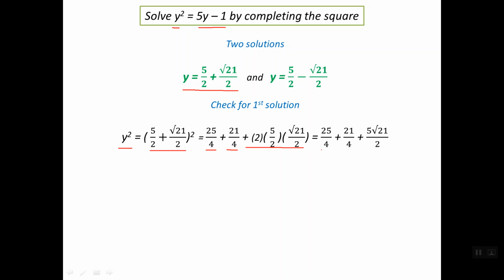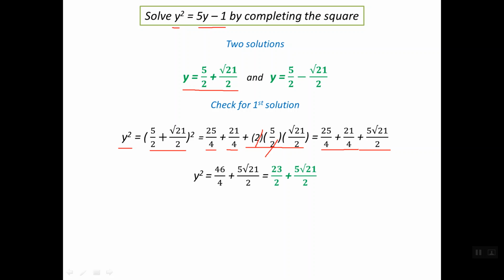Now we can simplify, so we have 25 over 4 plus 21 over 4. This 2 cancels with this 2, so the remaining is 5 root square of 21 divided by 2. We can also simplify these values.